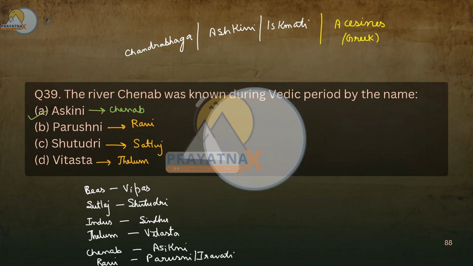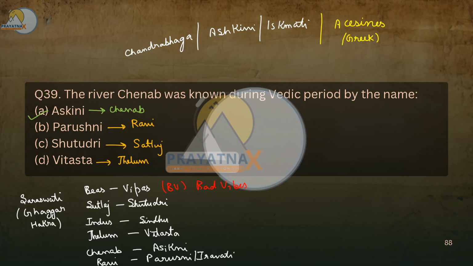Now, the last river was the Saraswati River, which we now know as the Ghagar Hakra. So the easy way to remember this would be BV, or bad vibes.